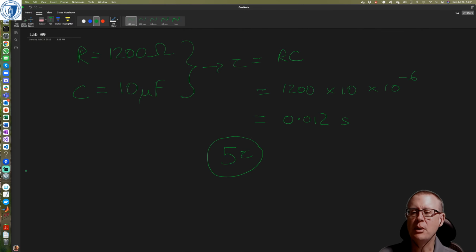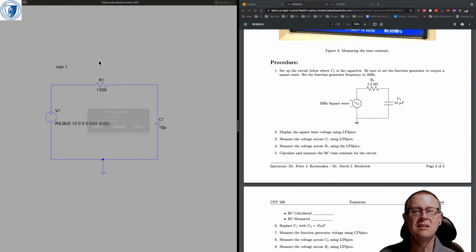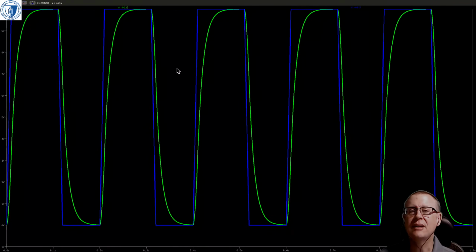So let's just go back to our LTspice, and instead of having a period of 0.02, so what's 5 times 0.012? That's 0.06. So let's just make a period of 0.2 and a T on of 0.1. Right? And let's just rerun that.